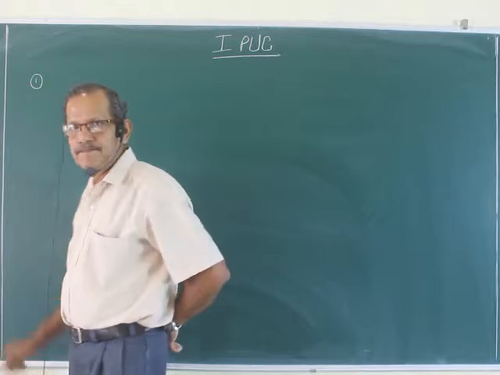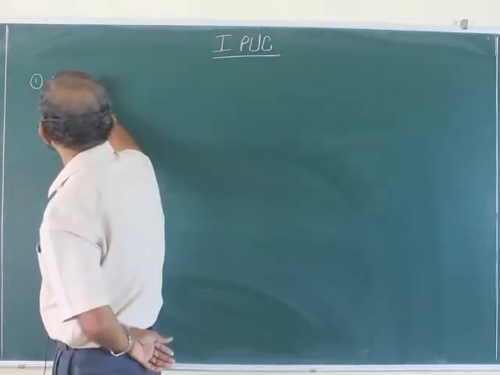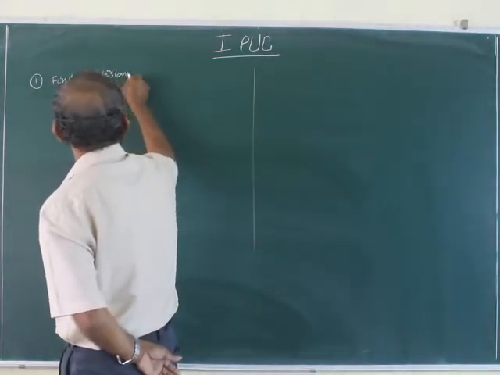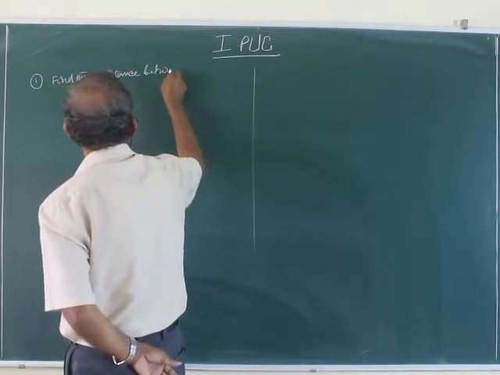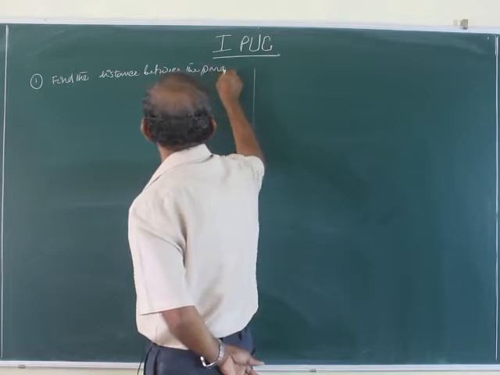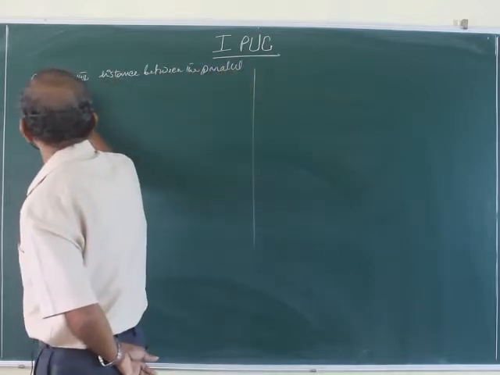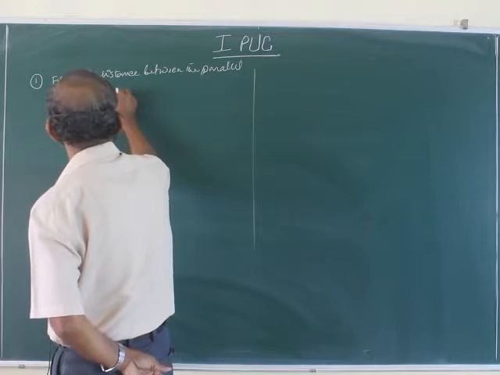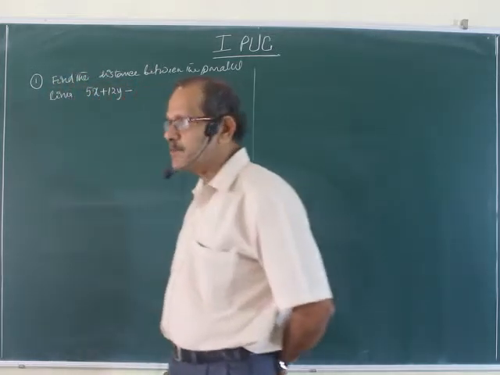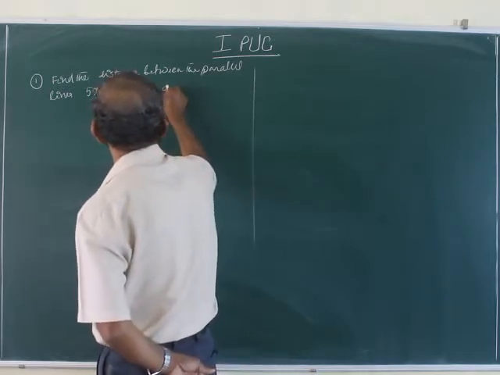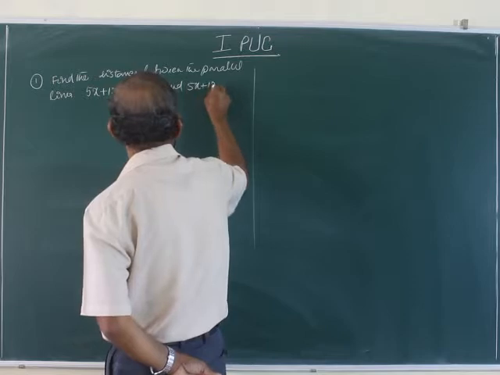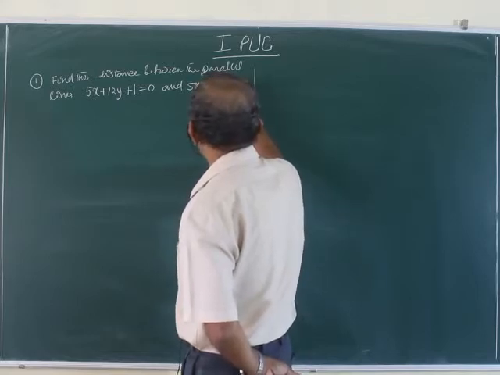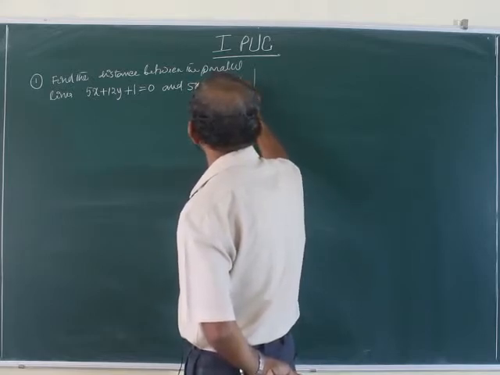Today's problem number 1. Find the distance between the parallel lines 5x plus 12y plus 1 equal to 0 and 5x plus 12y, because it should be parallel, plus 27 equal to 0.